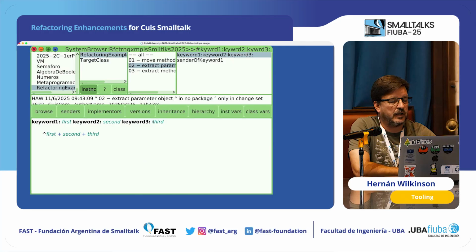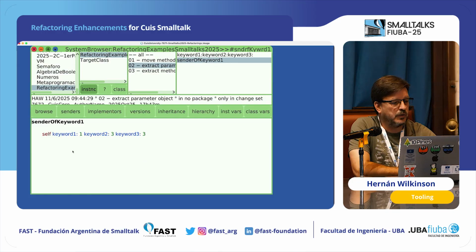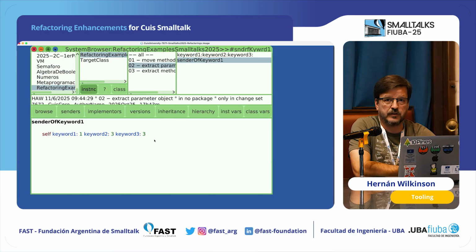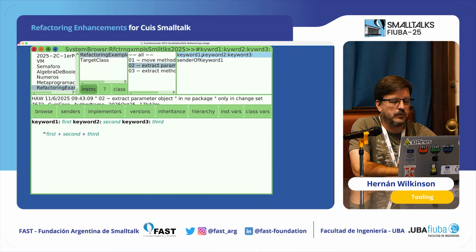So, for example, in this case, I'm going to extract first and third to a class, and you will see that the sender here will send a message with a new instance of that extracted class using 1 and 3 as parameters. So let's do it.